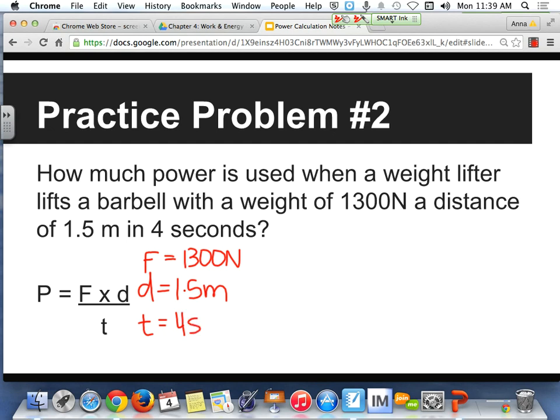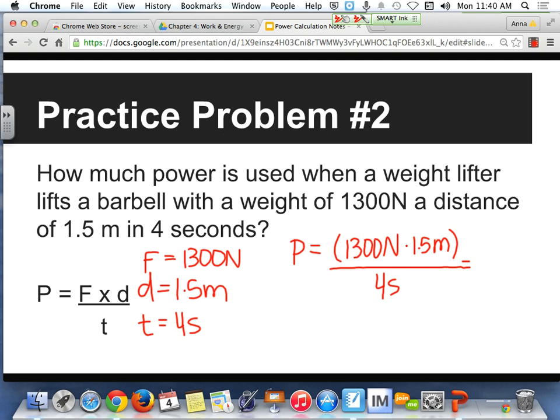So we'll do the top first. So to find work, we take 1,300 newtons times 1.5 meters, and then the rate we divide by 4 seconds. So 1,300 times 1.5 is 1,950.